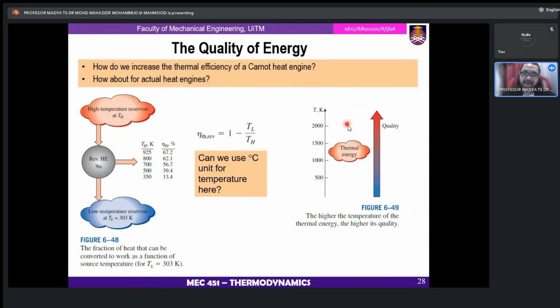This is knowledge you have to know. If the temperature is increased, the quality of the energy for the Carnot engine is increased.